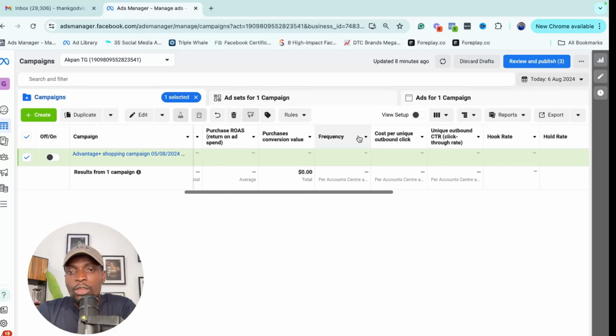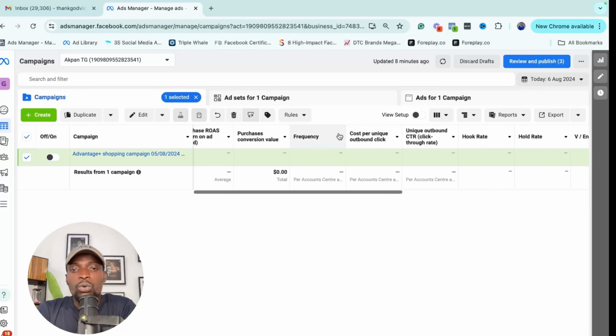So you want to be ensuring that you're not spending too much on a particular campaign whereby your frequency is getting too high, and it will basically affect your ad account performance on the long run. So that's that, and keep that looking in your ad account as you optimize and look at things there.